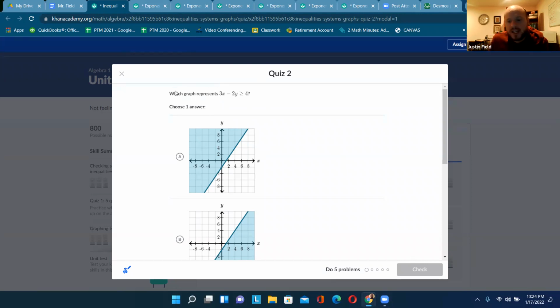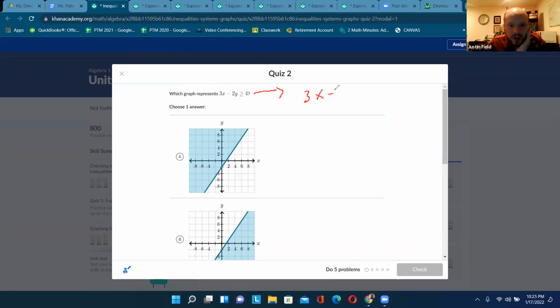So try this assignment before watching the video. Which graph represents 3x minus 2y is greater than or equal to 4? All right, so we're going to put this into slope-intercept form. We're going to take that 3x over to the other side.